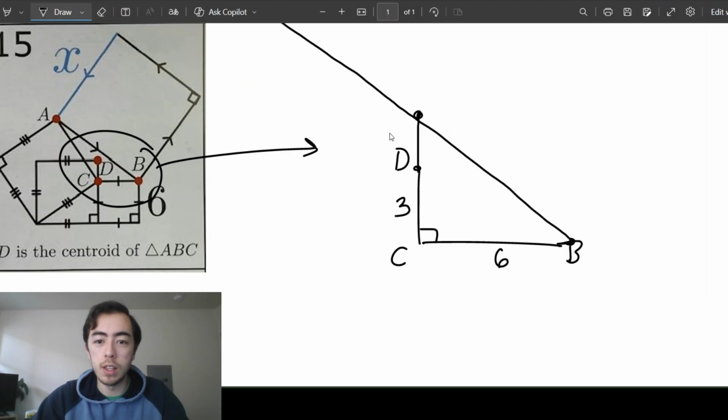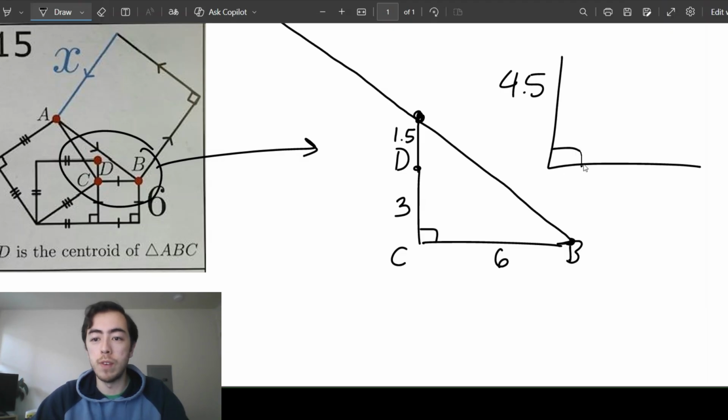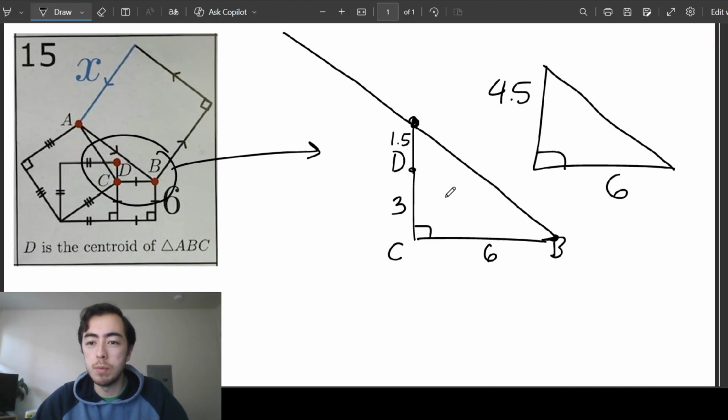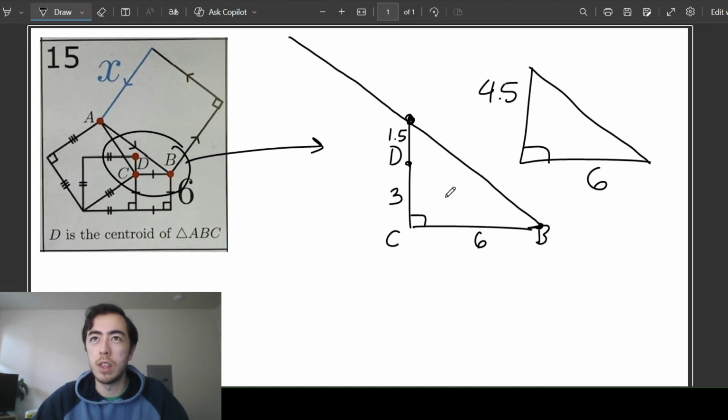Anyways, that does mean that D to this point right here, the midpoint between A and B, is going to be 1.5. And so overall, we have a right triangle with a 4.5 on one leg and a 6 on the other. Now, I could just do the Pythagorean theorem on this, but I do recognize this as a 3, 4, 5 triangle.